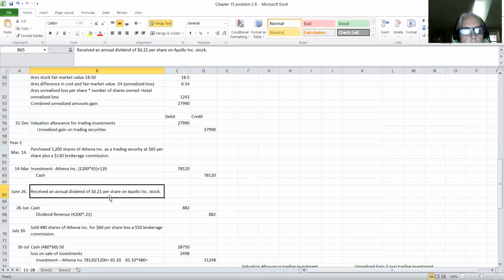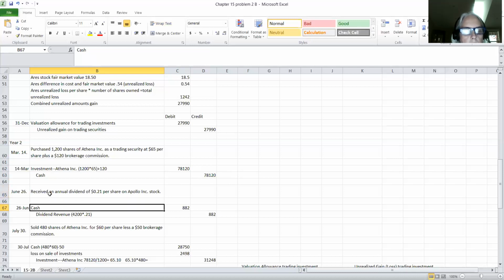On June 26th, we received an annual dividend of 21 cents per share on the Apollo stock. So when we receive a dividend, we're receiving cash. That dividend amount is going to be $882. We find that by taking the number of shares of Apollo stock that we own.